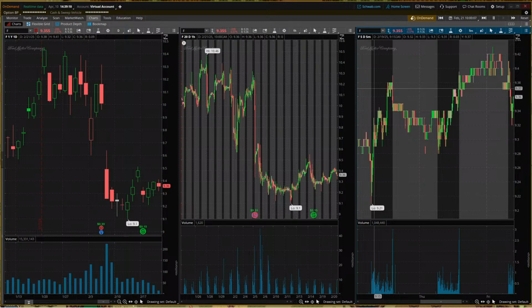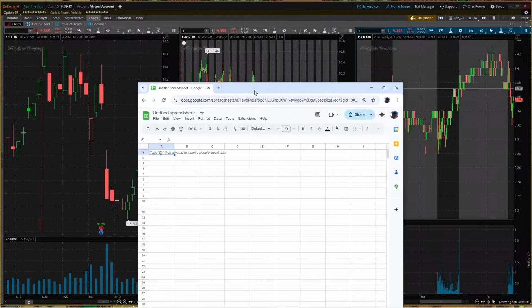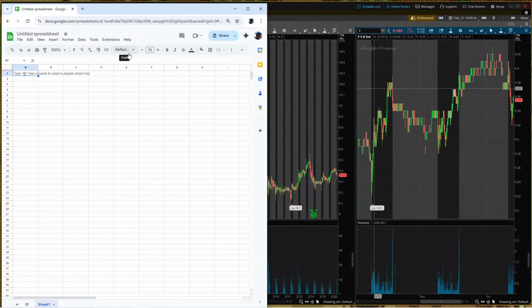I'm actually just going to make a new sheet, and we'll do this from scratch. And I'll just walk through how to do this. We'll trade everything. Here's what I'll do.